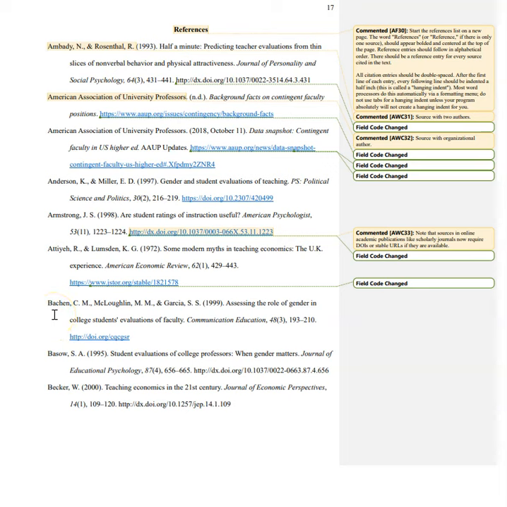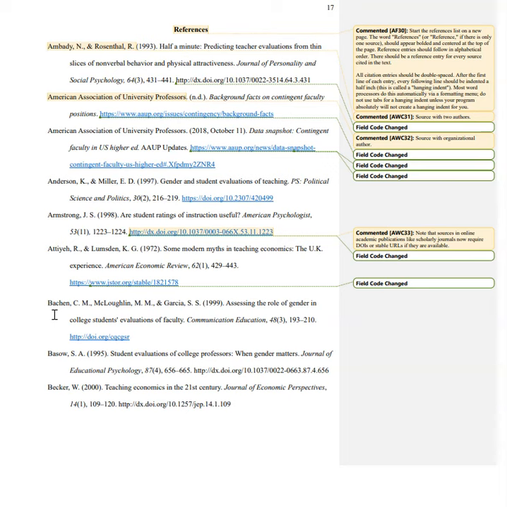Multiple entries by the same author and authors listed in the same order: list the entries in chronological order from the earliest to the most recent. When referencing titles of books, chapters, articles, reports, and web pages or other sources, capitalize only the first letter of the first word of the title and subtitle, the first word after a colon or dash in the title, and proper nouns.